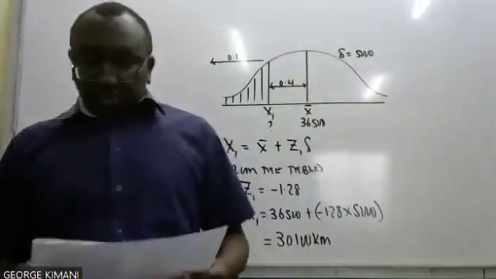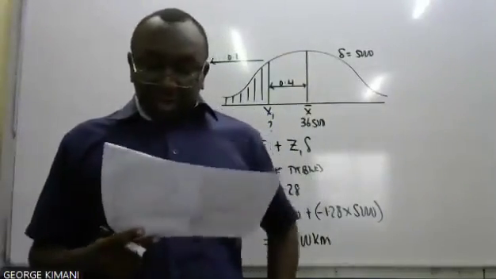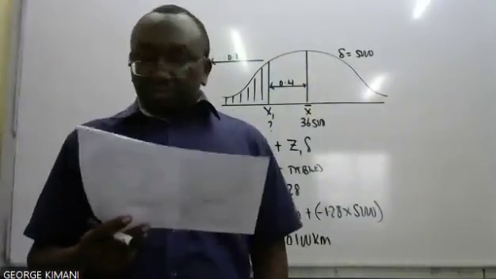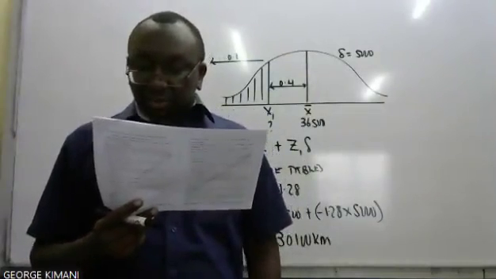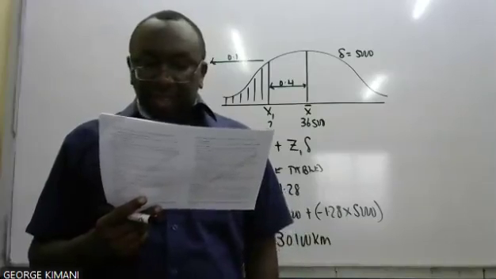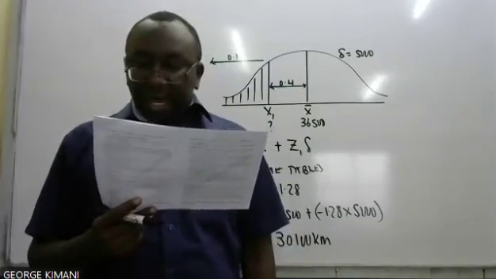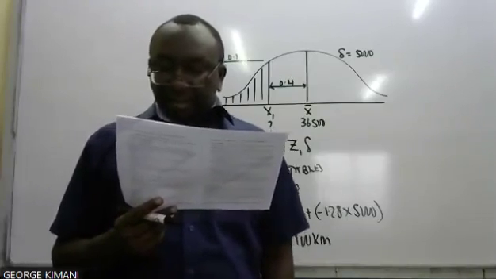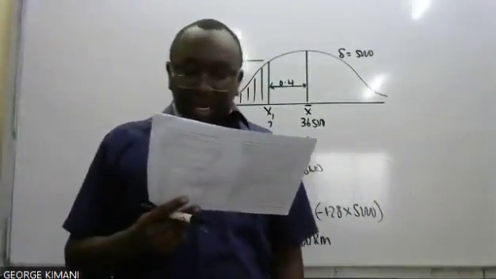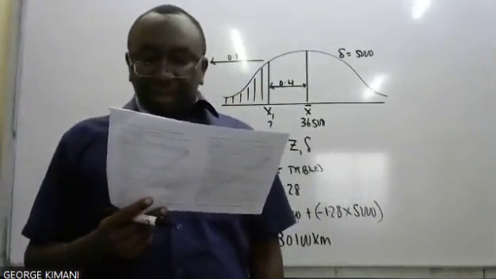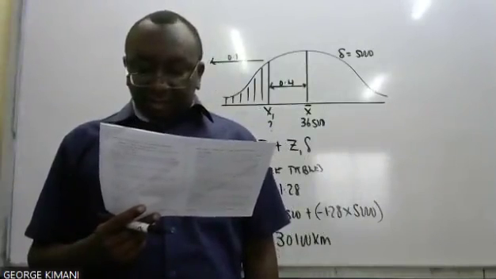The last question says that due to high operational costs, Hekima Commercial Bank wishes to close those savings accounts that do not maintain a certain minimum monthly balance. Currently, the mean monthly balance of the savings account is 25,000 with a standard deviation of 5,000.